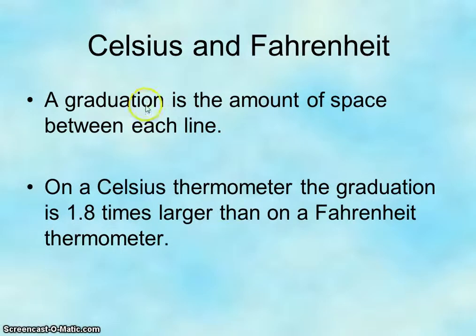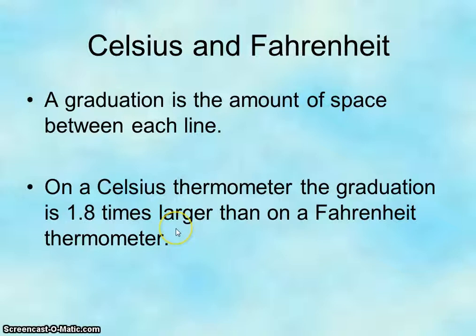When you hear the term graduation, that means the spaces in between, for each of the degrees that are marked on a thermometer. And one of the things that's important to note is that if you compare the Fahrenheit and the Celsius, you're going to find out that the Celsius graduations are 1.8 times larger than on the Fahrenheit thermometer. Now, why would anybody care?